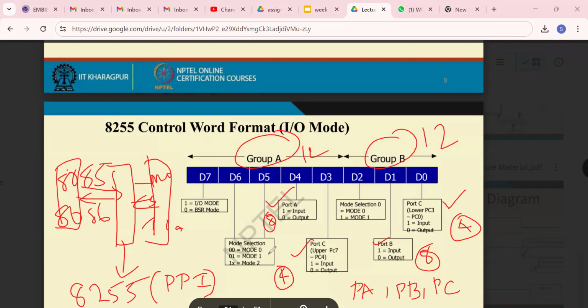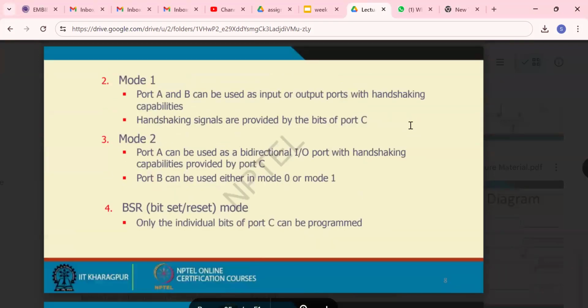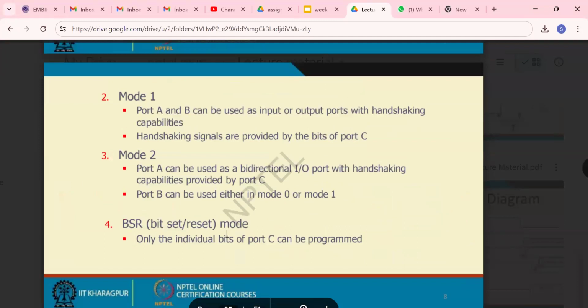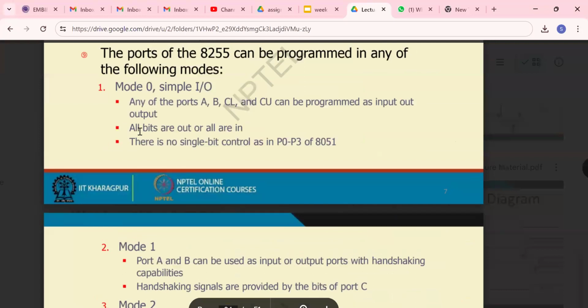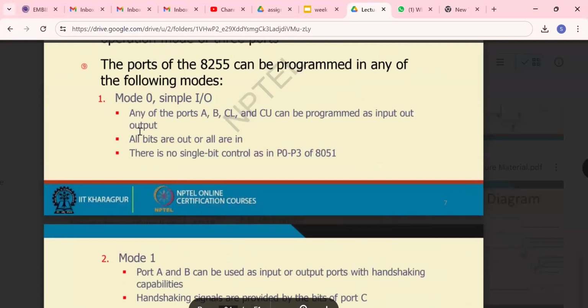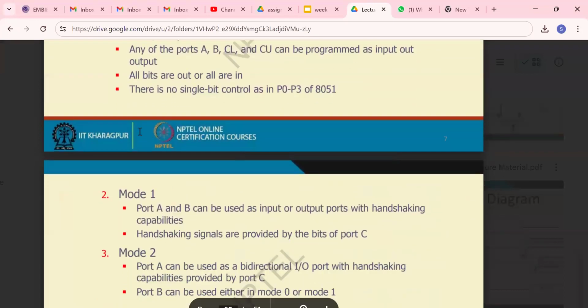In IO mode, we have mode 0, mode 1, and the port can act as an input port, which is common for all, or as an output port. This is also one of the important things. Mode 0 is a simple IO port and mode 1 means handshaking capability.